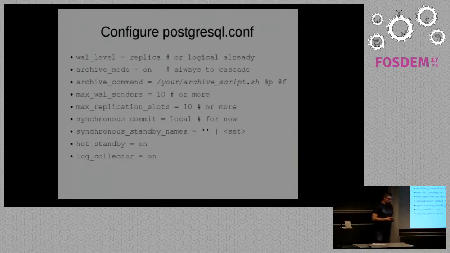And if you can afford a few megabytes more, just set logical straight away. That adds a little bit more overhead as well, a few percent, I think. Set archive_mode on. That just means call the archive command whenever you finish a WAL segment. And as archive_command, if you read the docs, it says the minimum feasible command is something like cp.